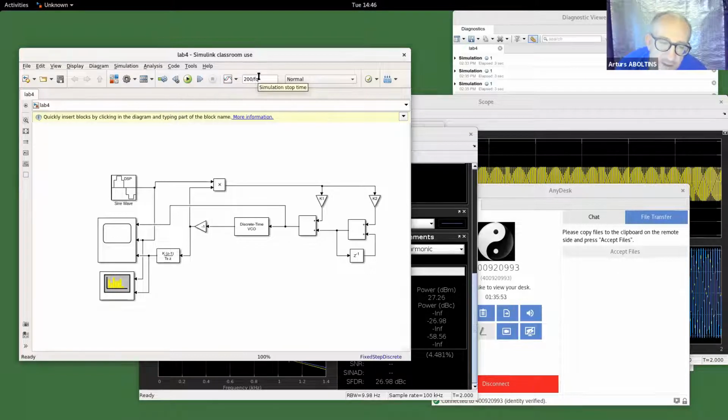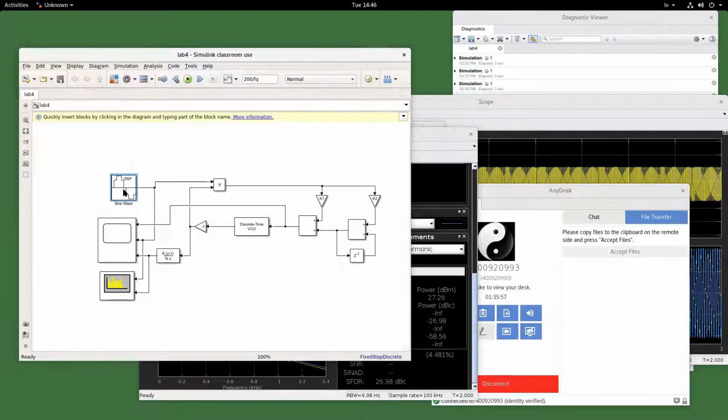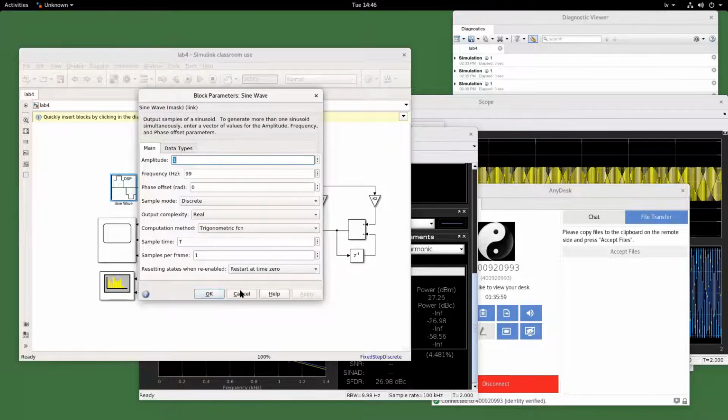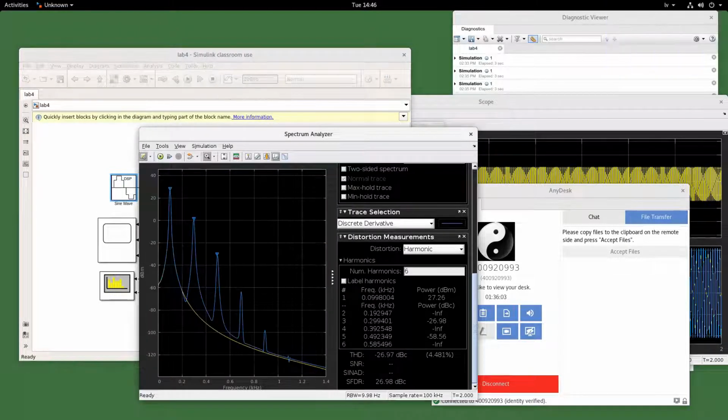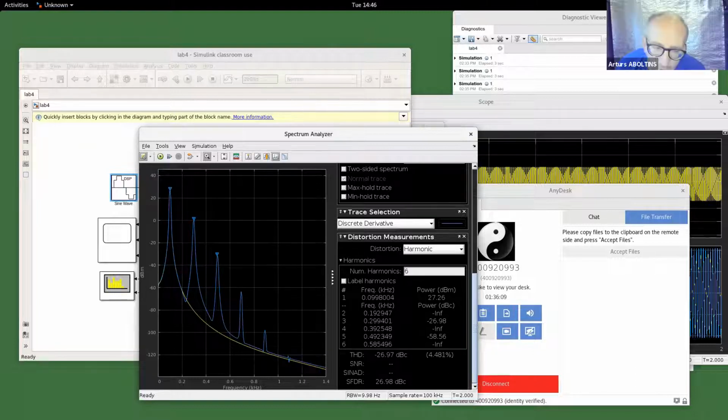Okay. What is the frequency offset? It was 99. And what is your THD? Mine was 26.84. Oh, this is too large. Okay. Could you share it? Yeah.